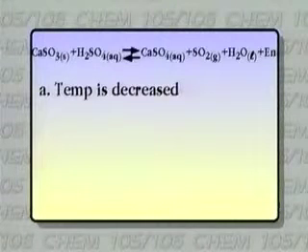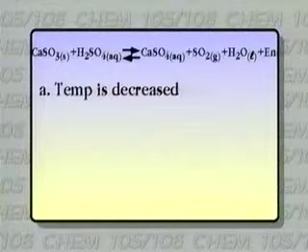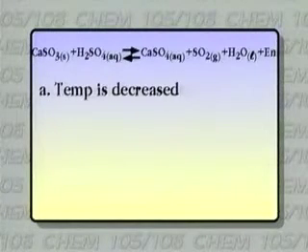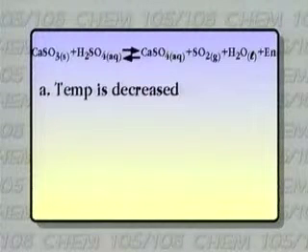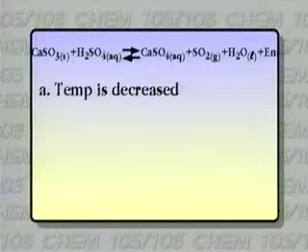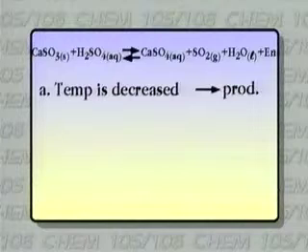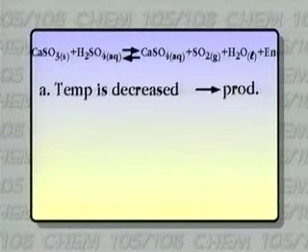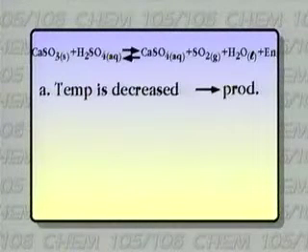If we were to somehow decrease the energy by cooling the system, so if I pull energy out, the system's going to try to put it back. And the only way it can put it back is to shift over and form more products once again. If it produces more products, it will give off more energy, and thus it will increase the energy supply that I am trying to decrease. Okay?